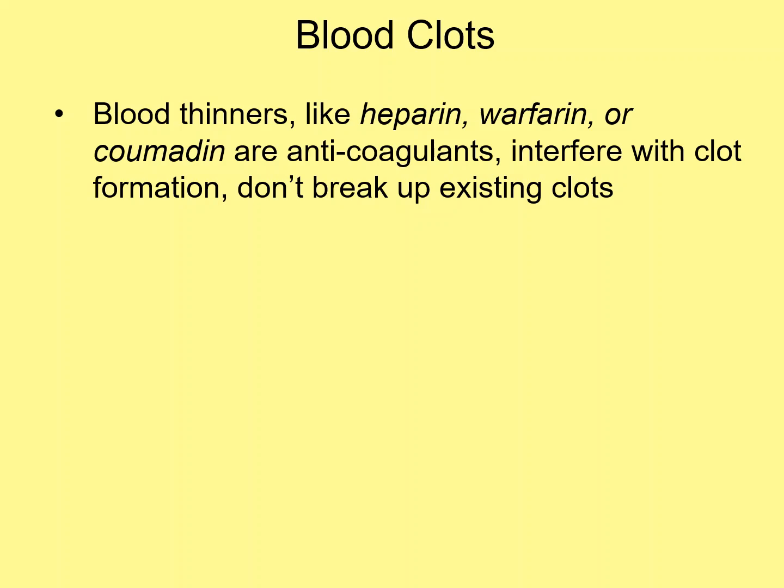Other risk factors for having a heart attack, they may be prescribed something to prevent blood clots from forming in the first place. Because of course we only have one tool to break up existing clots. So the key to preventing a heart attack is preventing thrombuses, thrombi, from forming in the first place, right?